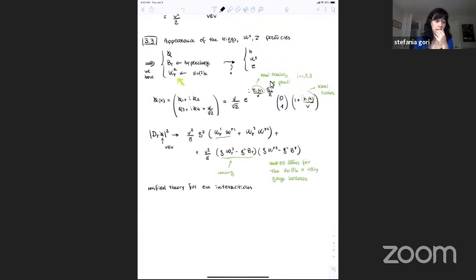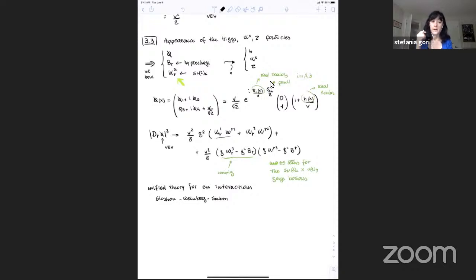Okay. And this is attributed to Glashow, Weinberg, and Salam. We introduced this unified way of looking at the electroweak symmetry of the standard model.